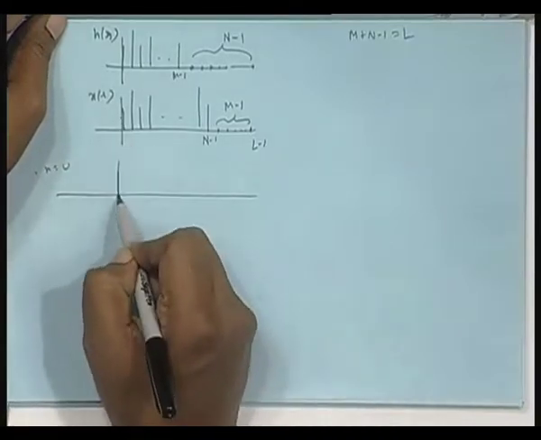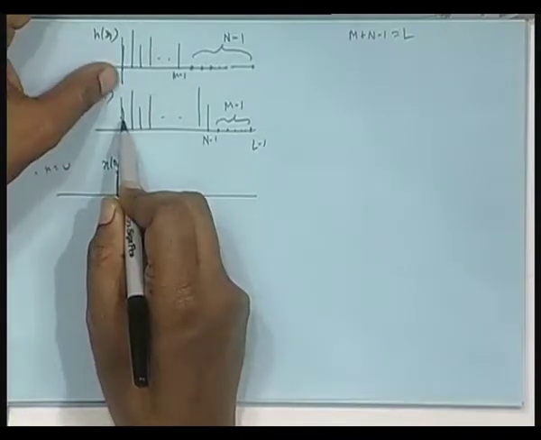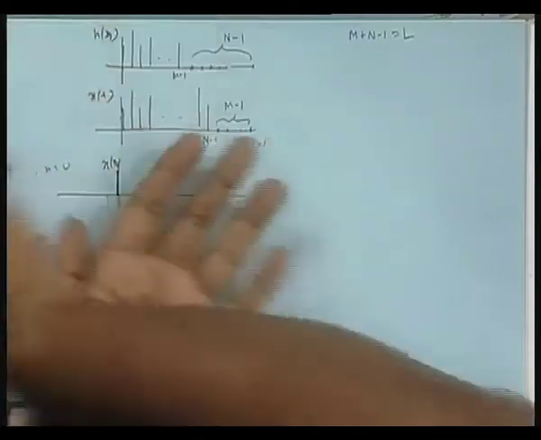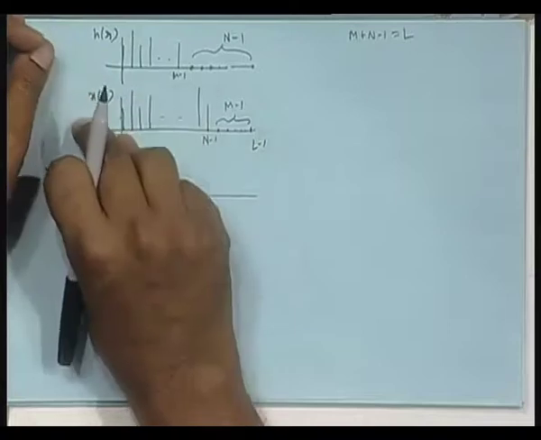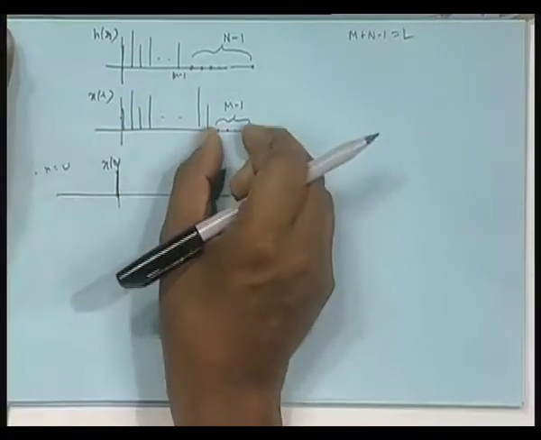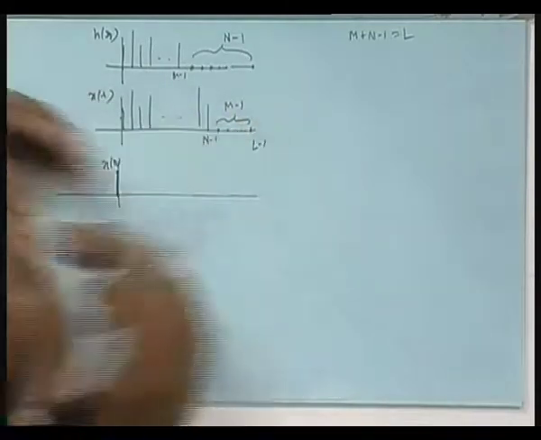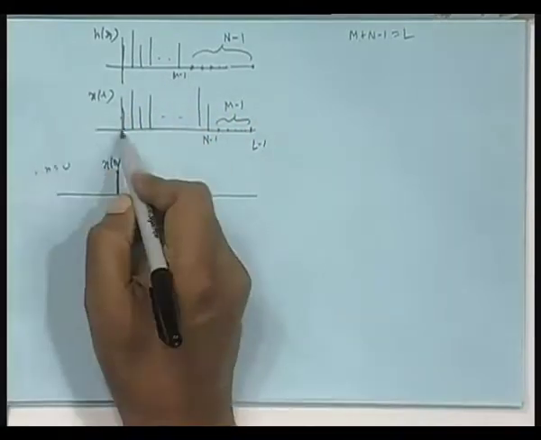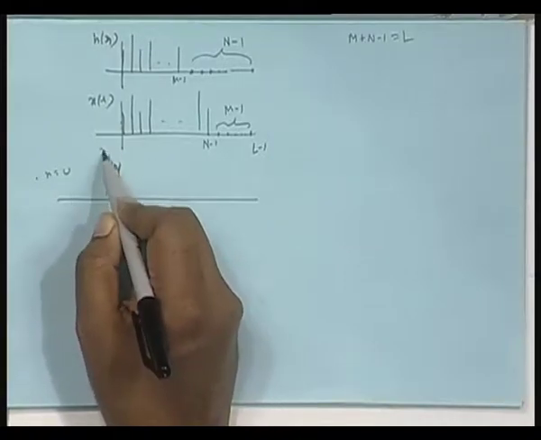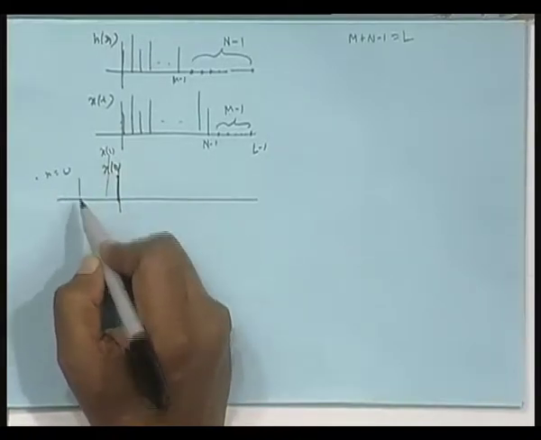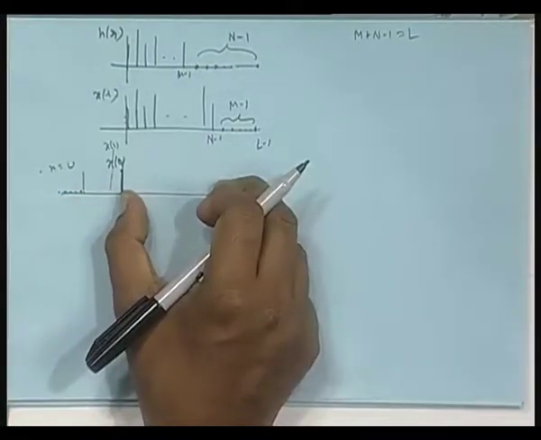This x 0 will remain here. This figure is very important. This entire thing will be folded to that side. So, these samples will go, and in the front will be this 0 pad. If you fold this that way, this part will be folded back, x 0, x 1, and so on up to some point, then zeros. The same thing will repeat here, periodicity.